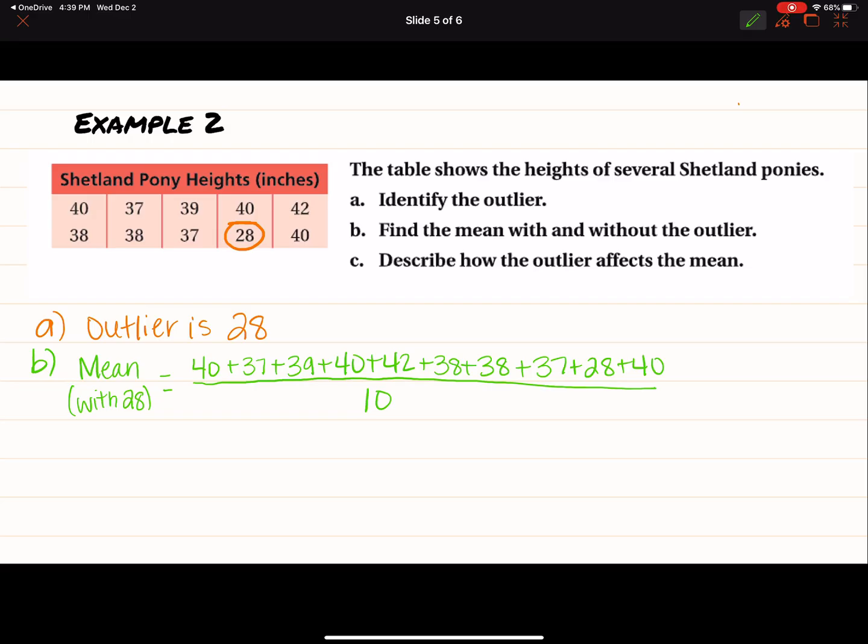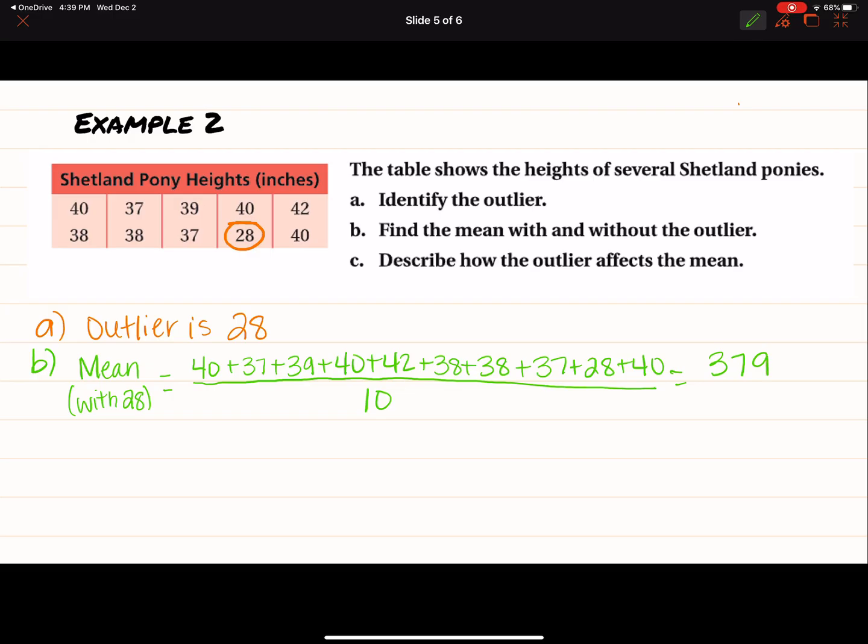And if I add these together on my calculator here, okay, I got 379.